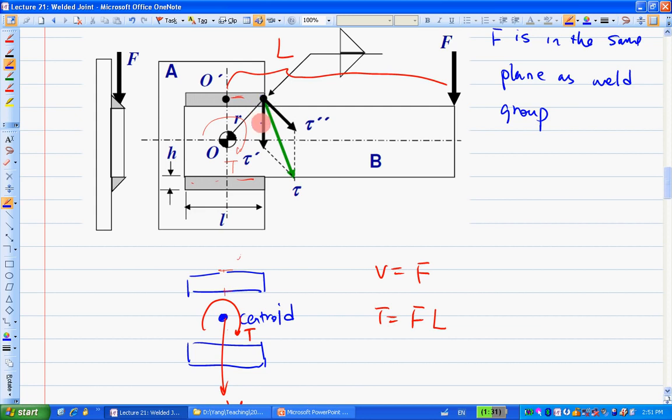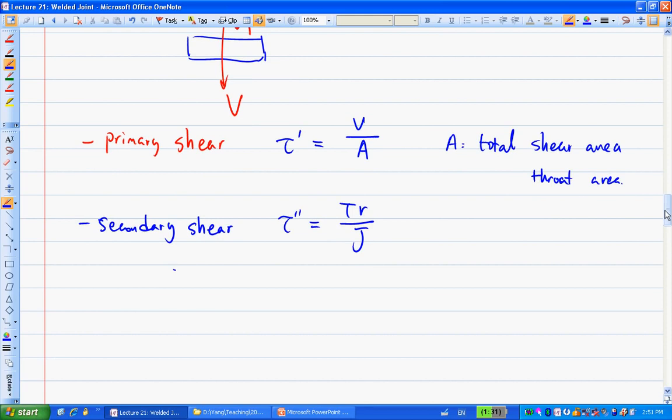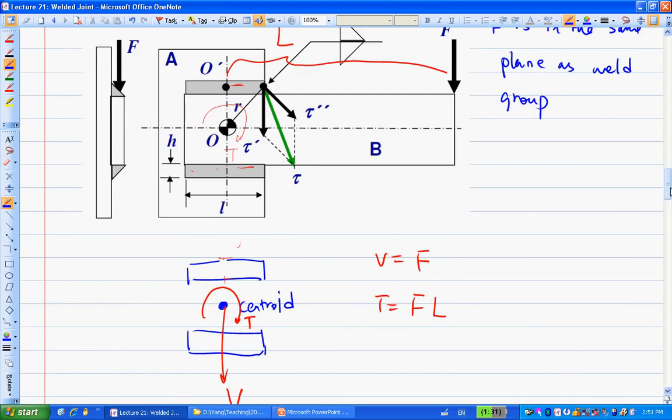The other thing you need to be very comfortable with is the geometry relationship between tau double prime and the torque T. Make sure you know how to draw this tau double prime.